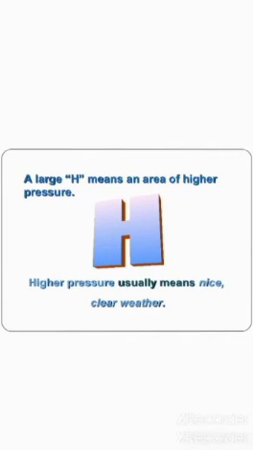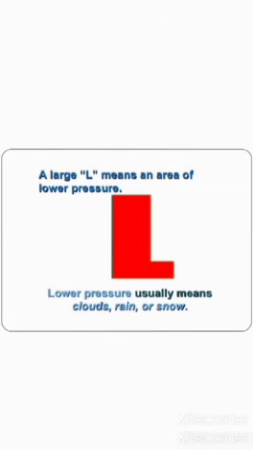As we discussed previously, on weather maps there was somewhere written H while somewhere was written L. H usually represents high pressure, which usually refers to nice and clear weather, whereas L represents an area of lower air pressure, which usually means that there would be clouds, rain, or snow.